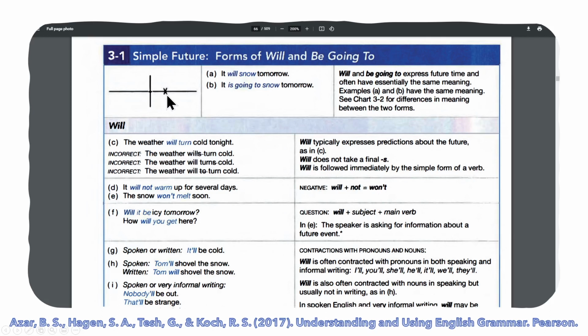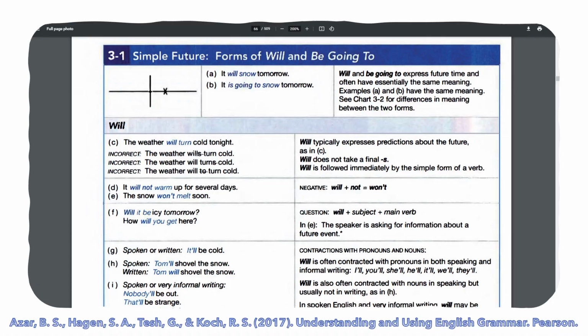They usually say that will is used to talk about events that will take place at one point in time in the future. And they will usually cross out one little dot in a timeline, and that's because the idea is that the event is concentrated, it is compressed in one single point in time.